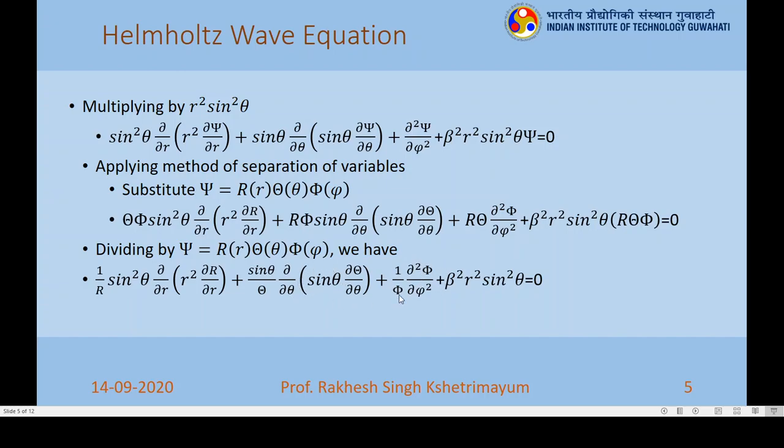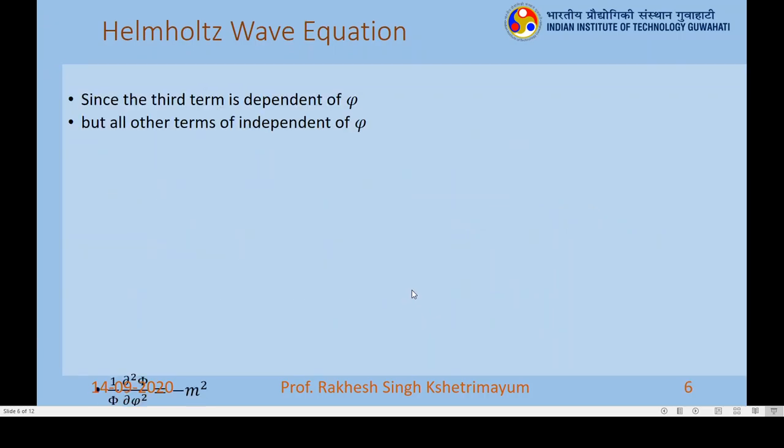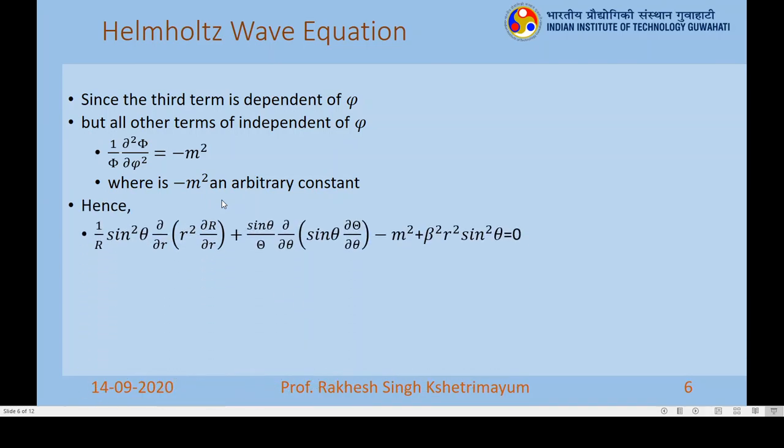So in that case, we can equate this term to a constant. We equate the third term to minus m square, which is an arbitrary constant. So the wave equation now simplifies to this. I replace 1 by capital Phi, del square Phi by del phi square, by minus m square.